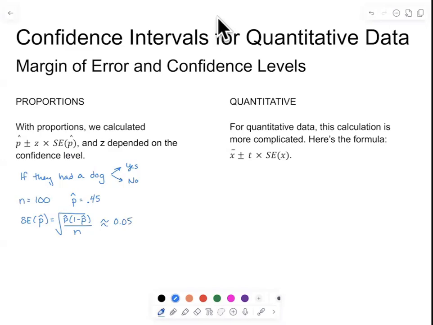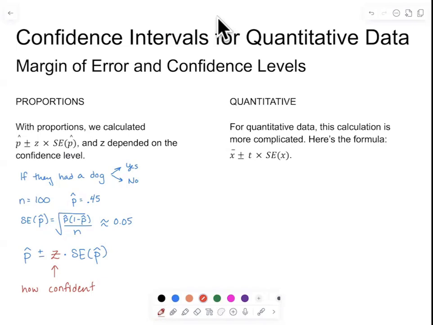Then using these numbers, we could figure out a confidence interval: p hat plus or minus z times the standard error of p hat. That z depends on how confident we want to be. If we wanted to be 95% confident, we would use a z-value of 1.96.